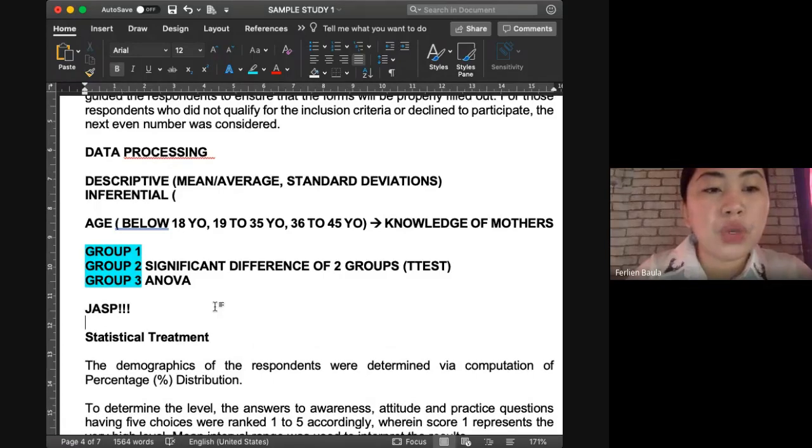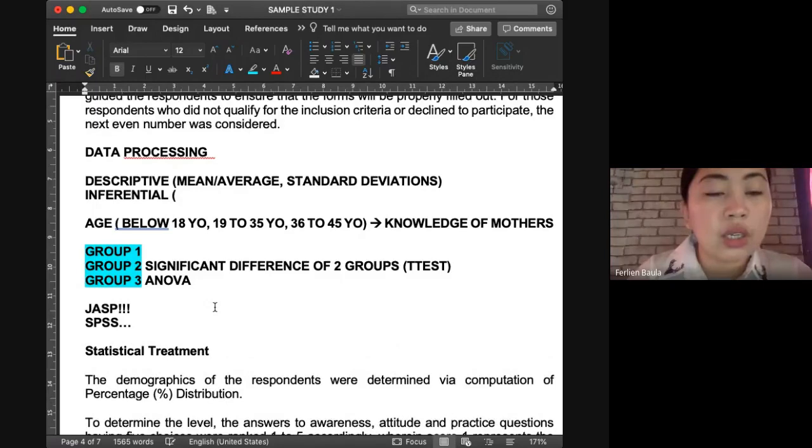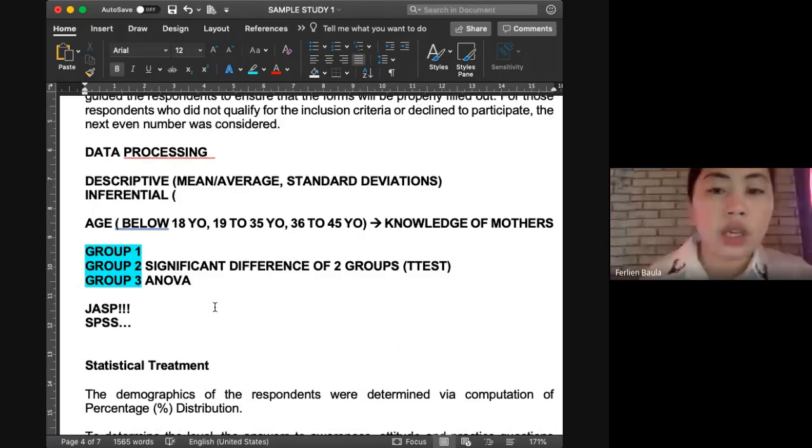Okay? But if you have SPSS, that's better. Kasi higher level ito, pang expert siya. Pero si JASP, friendly kasi yung interface, tapos mabilis siyang maintindihan. So, yun.